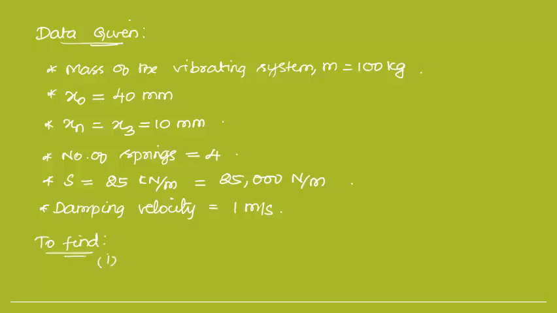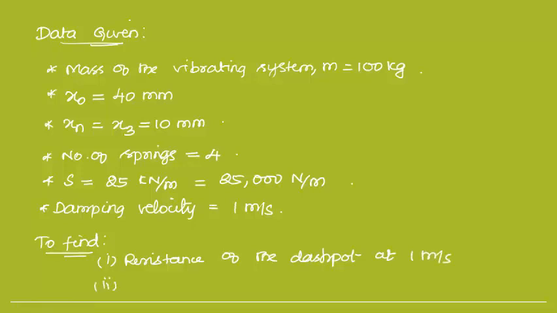In the first subdivision, we have to calculate the resistance offered by the dashpot at unit velocity, 1 meter per second.